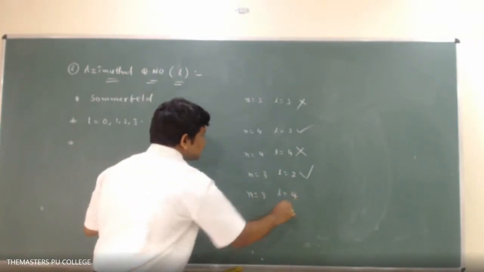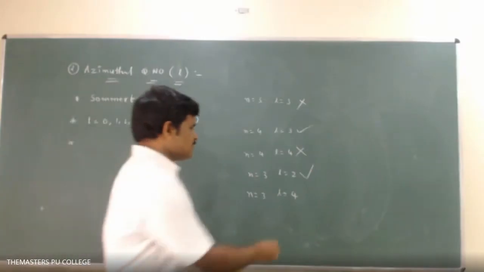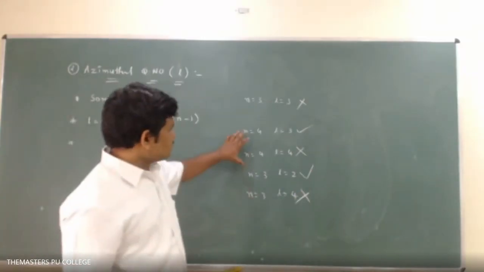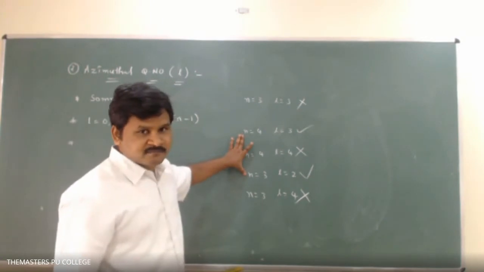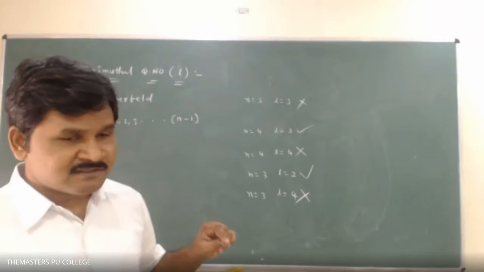Next, is it possible? No. What is the mistake? L is greater than n value. Very good. So only these two are possible. Now are you clear? You should not make mistakes in this type of question.